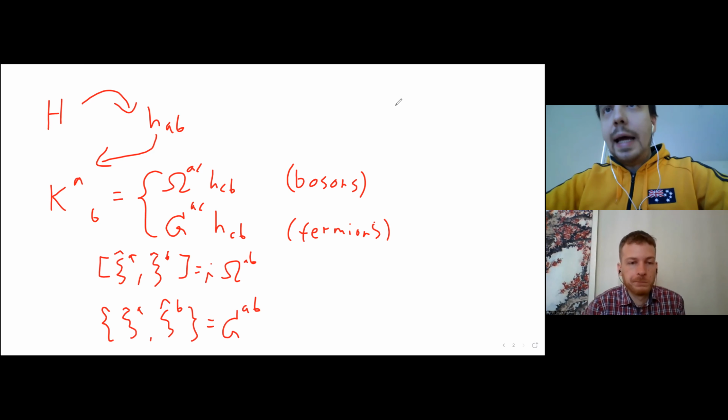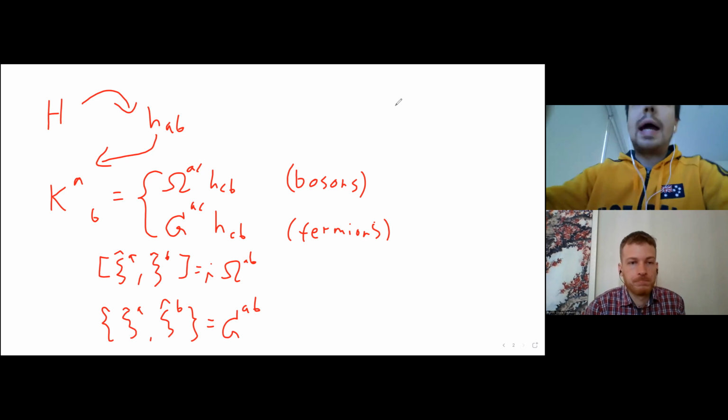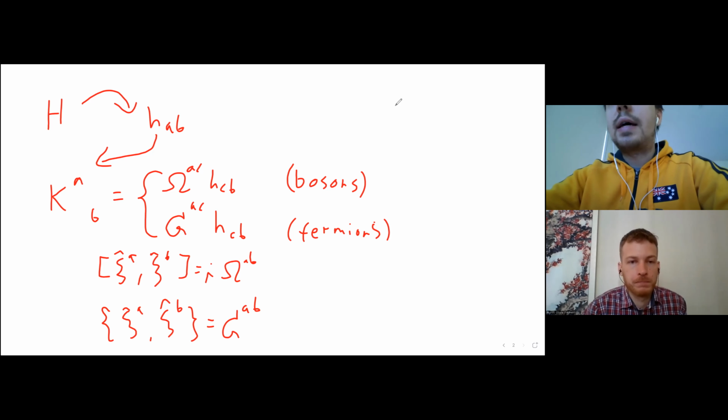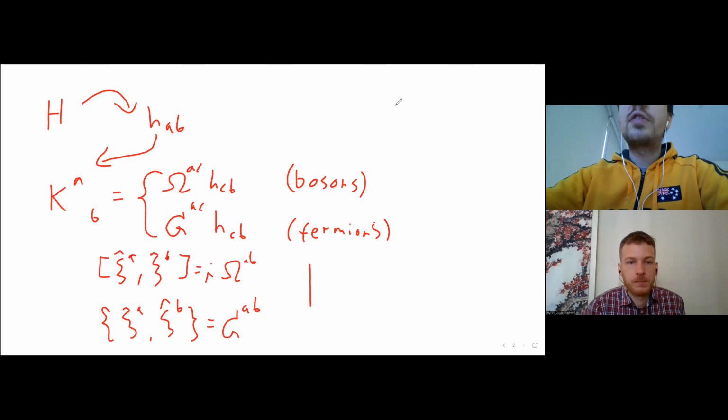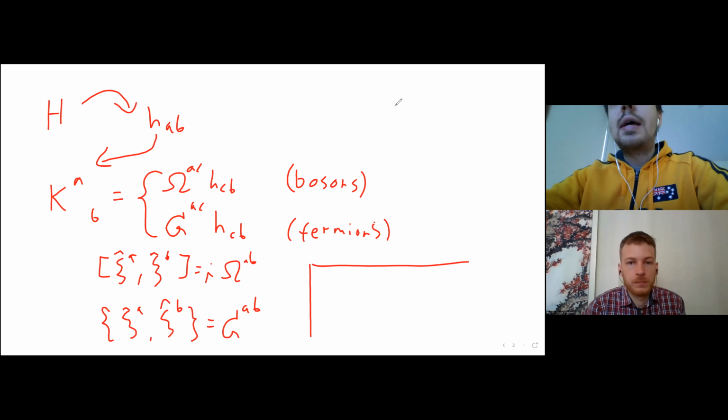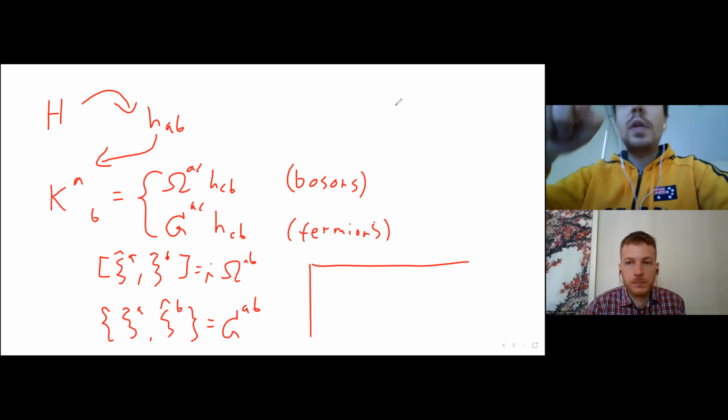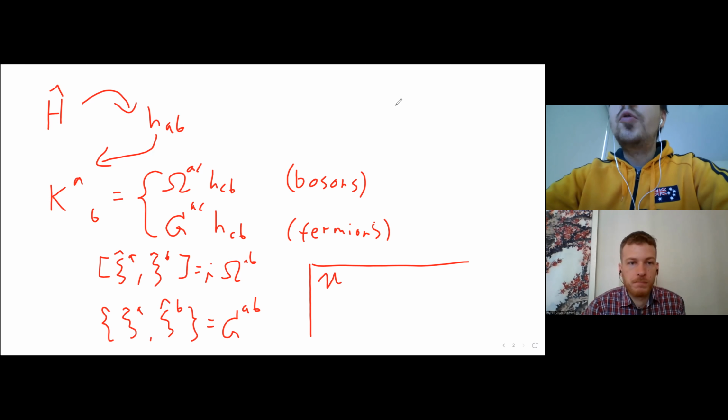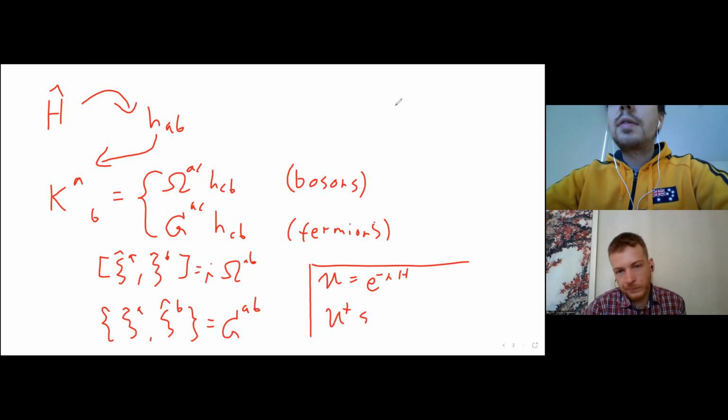Okay, with that in hand, I can also mention that a main result of the previous session was that if we define U as e to the minus iH, we get the representation U dagger psi_A U being equal to M_AB psi_B.